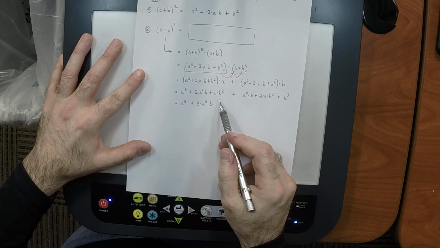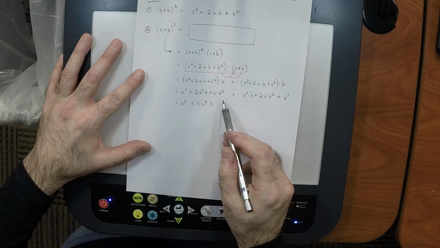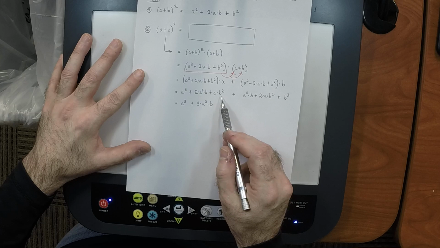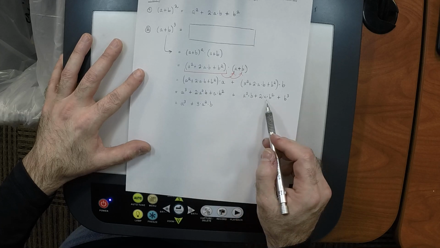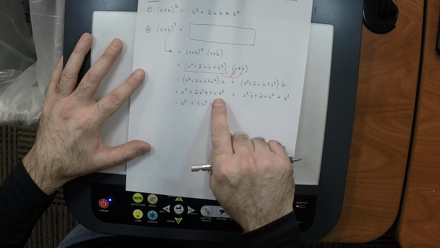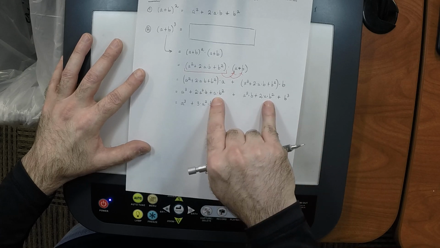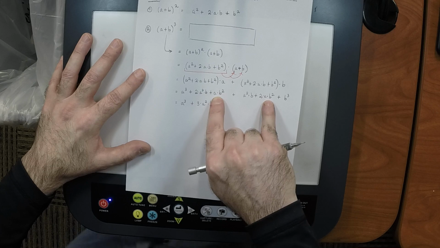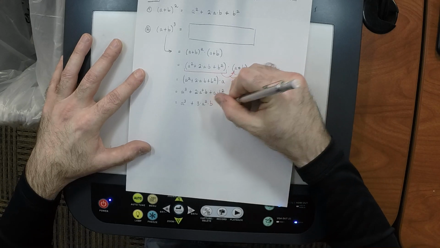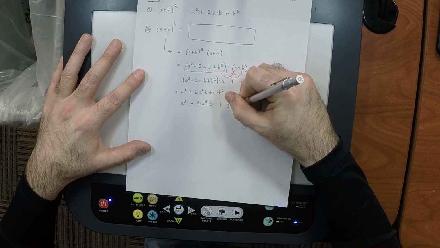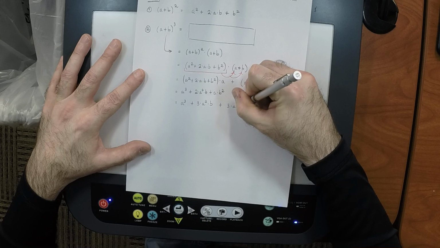Okay, similar story for this one. This is a b squared. Do you see that there's two more of them right there? So this would be 3ab squared.